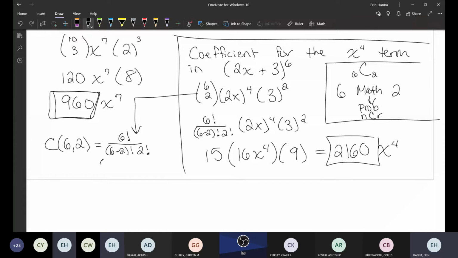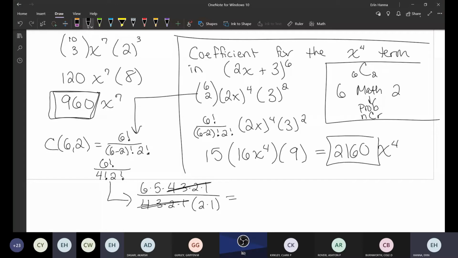So we have 6 factorial over 4 factorial times 2 factorial, which is 6 times 5 times 4 times 3 times 2 times 1 over 4 times 3 times 2 times 1 times 2 times 1. The 4, 3, 2, 1 can cancel out. And we have 6 times 5 over 2 times 1, so 30 over 2, so 15.